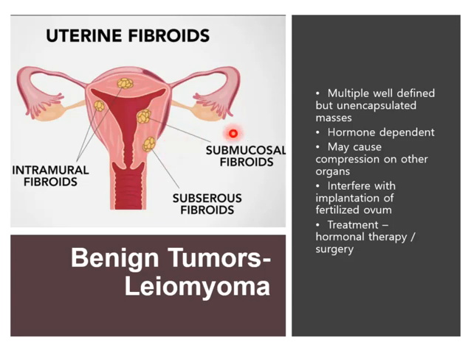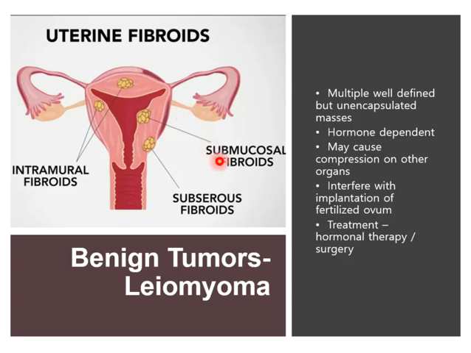Okay, they can be multiple, they are benign, and they are well defined but unencapsulated because they are developing from the muscles, right? They are hormone dependent. They may cause compression on other organs because they increase in size. If they are over here, they can interfere with the implantation of the fertilized ovum.